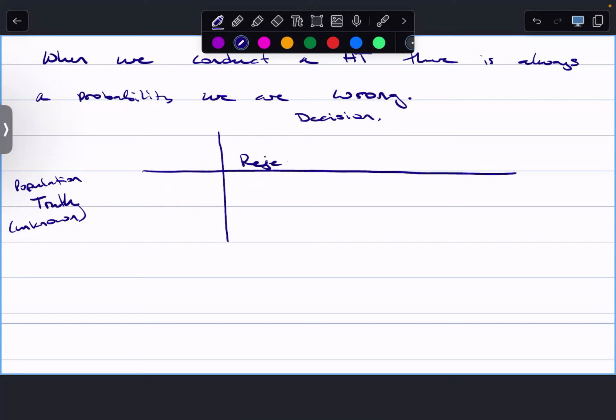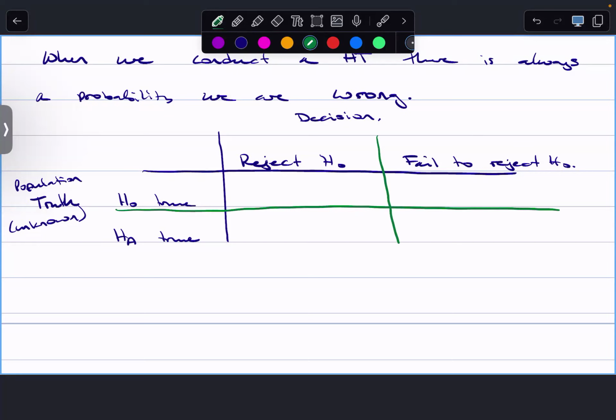I can either reject H naught or fail to reject H naught. H naught might be true or it might not be true. So H naught is true, or let's say HA is true. That we don't know. And so we've got these four options for our outcomes.